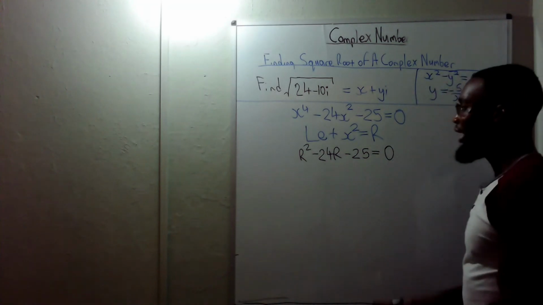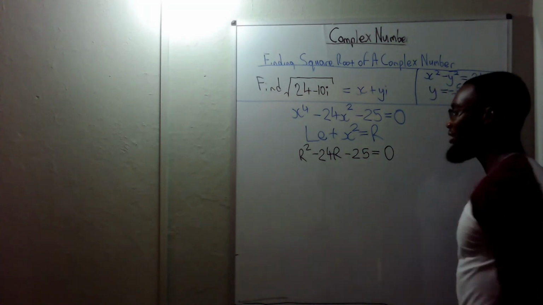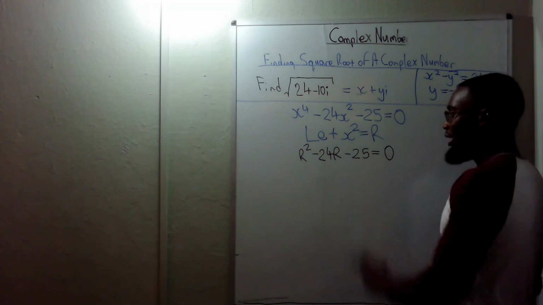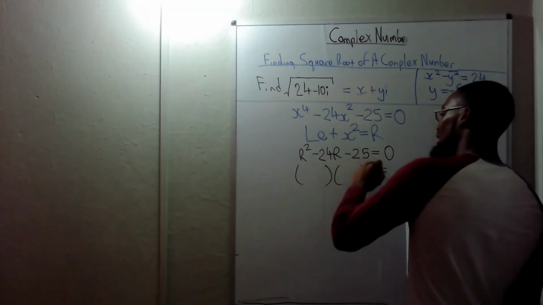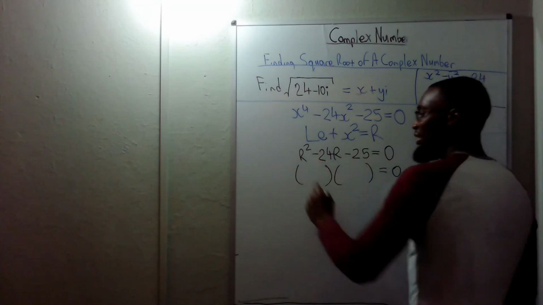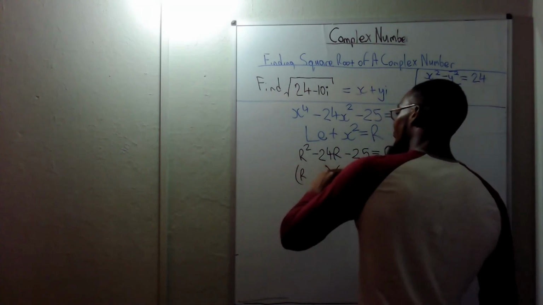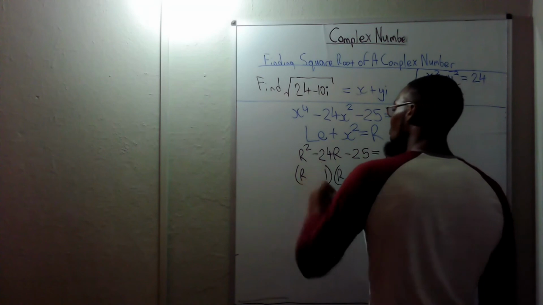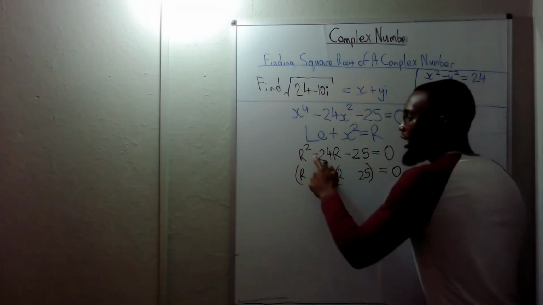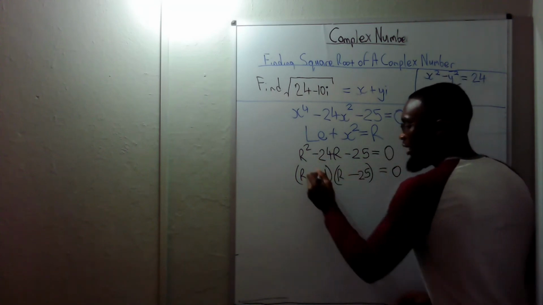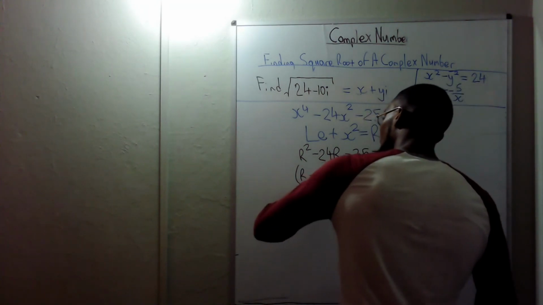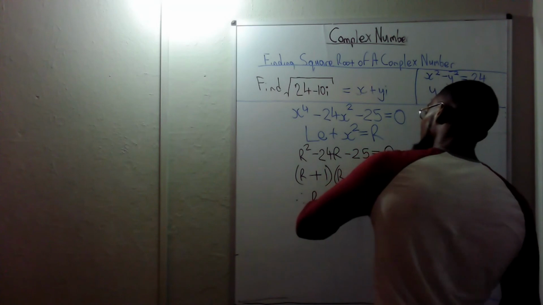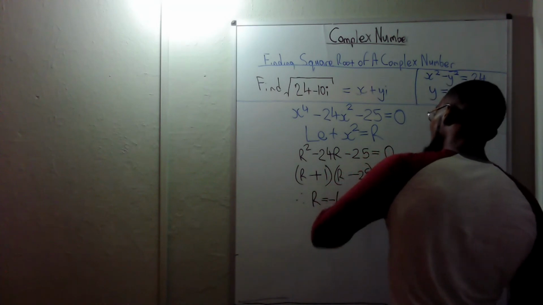So now we need to solve this. Let's see if we can factorize it. Yes, this can be factorized easily. The signs are different, the product is negative, so r and r, 25 and 1. The bigger number gets the minus. So r equals negative 1 or r equals 25.